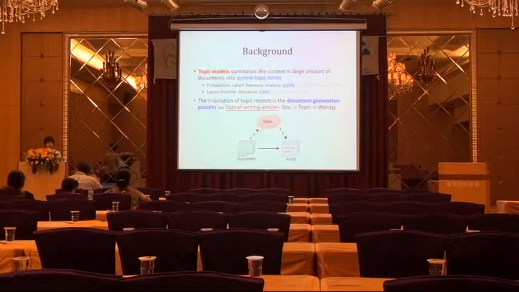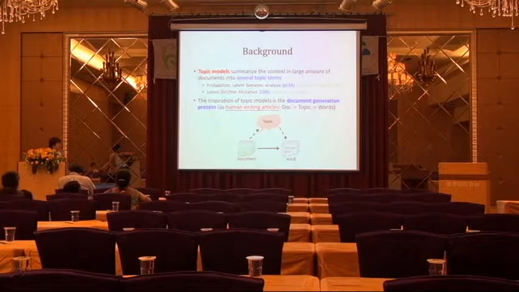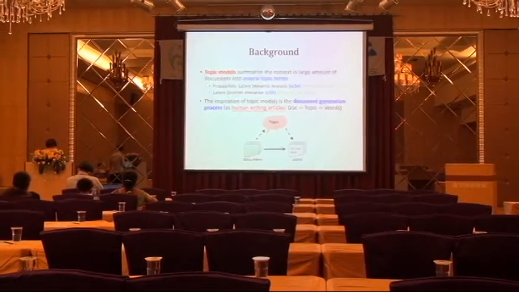If we are going to write an article, we will have some thoughts. We will have several topics we are going to write about, and then we find some words to describe these topics and put these words together to form a document. The same as the topic model, we just try to figure out what kind of words we use and the related topic.